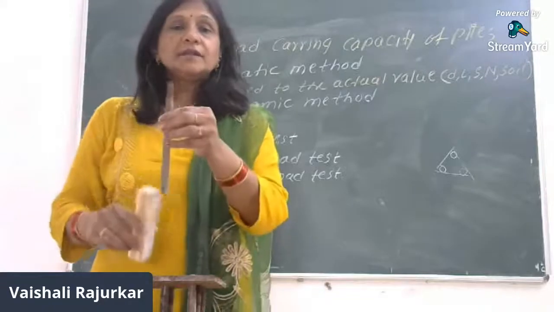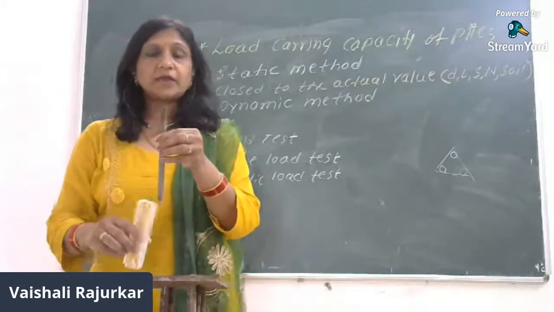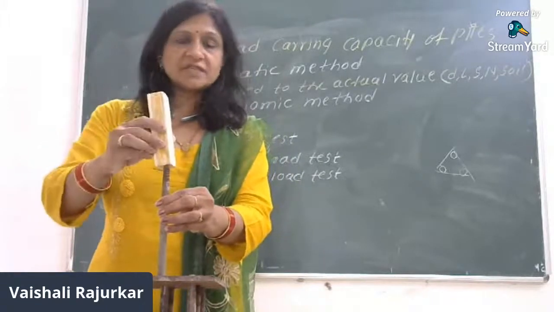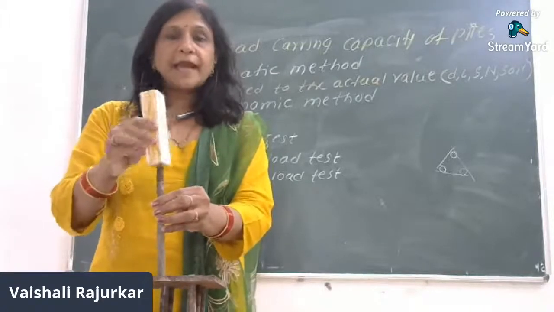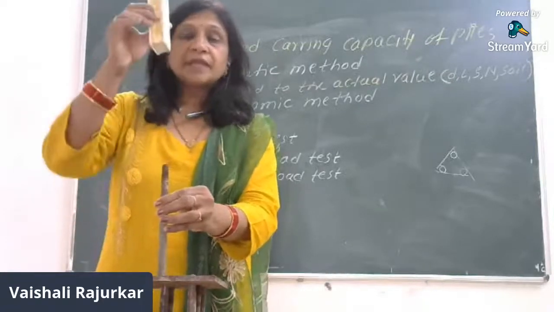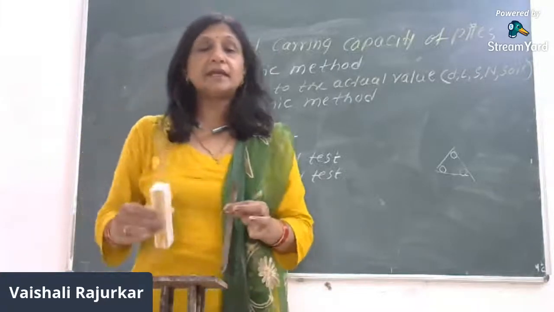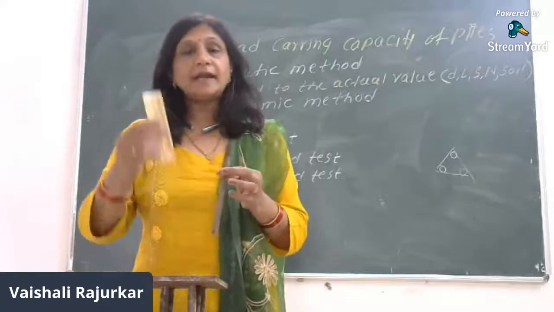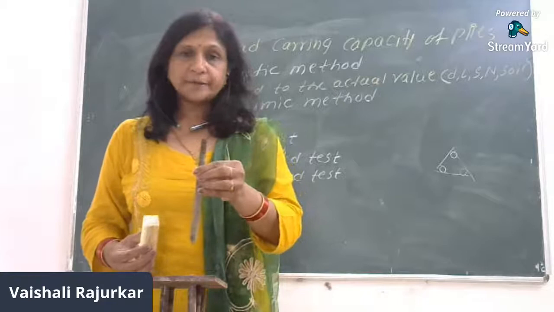Right? So here the resistance is calculated, or the load carrying capacity is calculated, from the resistance to the dynamic loading which we are giving to the pile, and that is the weight of the hammer. Then the free fall, means how much kinetic energy we are giving to the pile, and the resultant work done is in the form of penetration of the pile into the soil. Right?